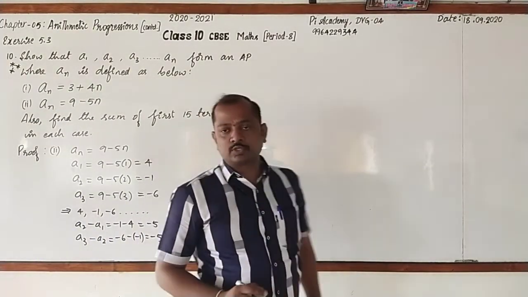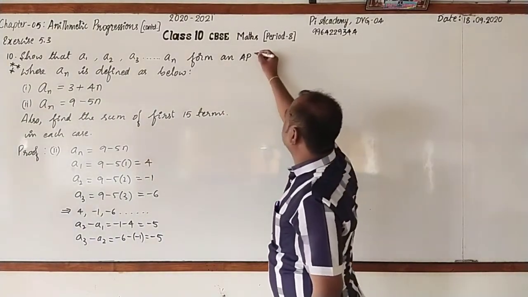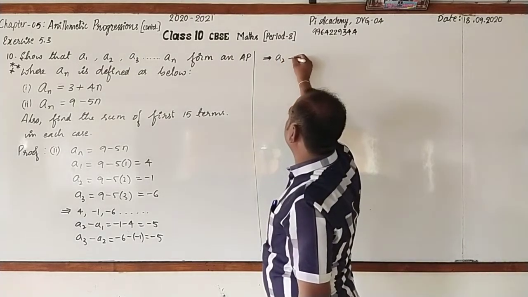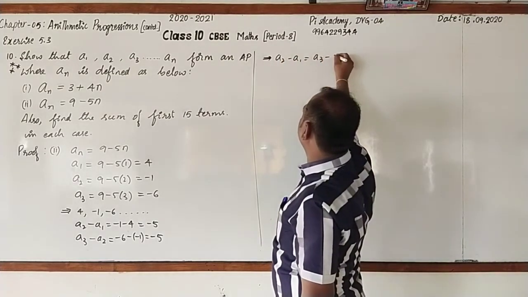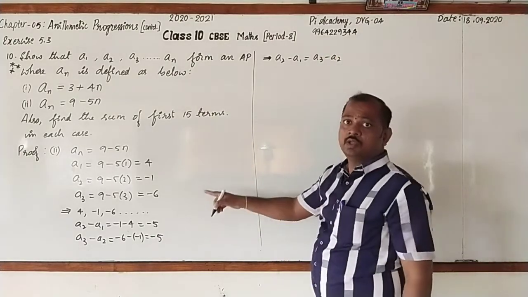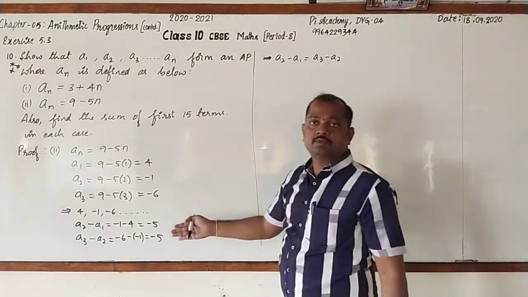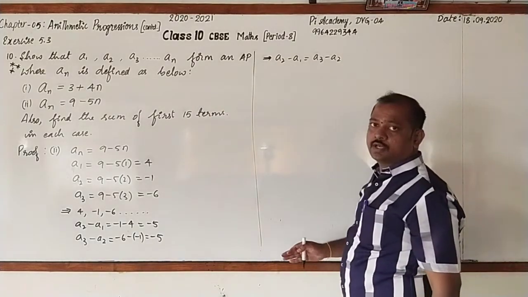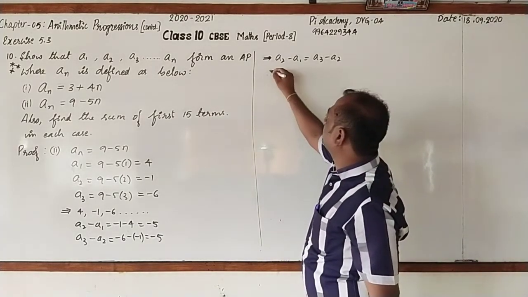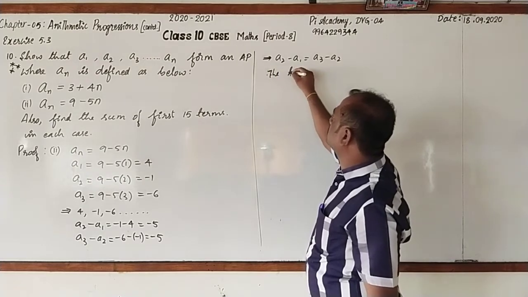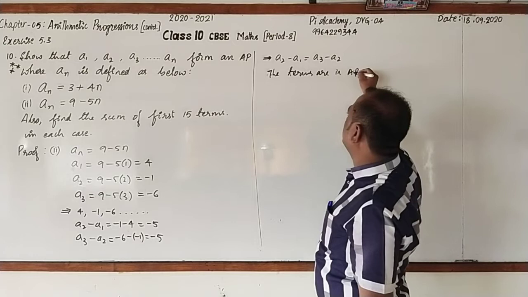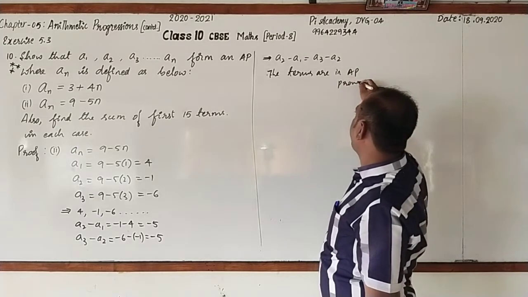On comparing those two, you can say a2 minus a1 is equal to a3 minus a2. Right? As it has a common difference, we can say that the terms are in AP. Therefore, the terms are in AP. Hence, it is proved.